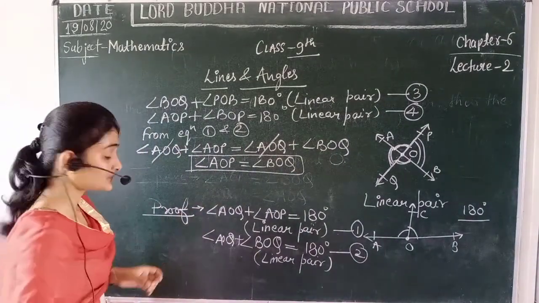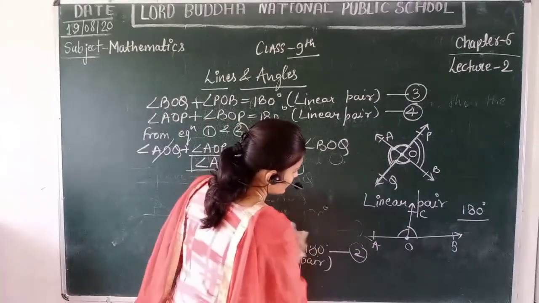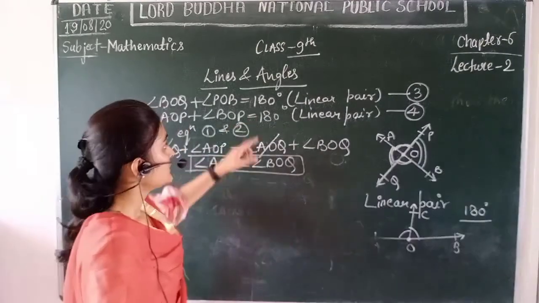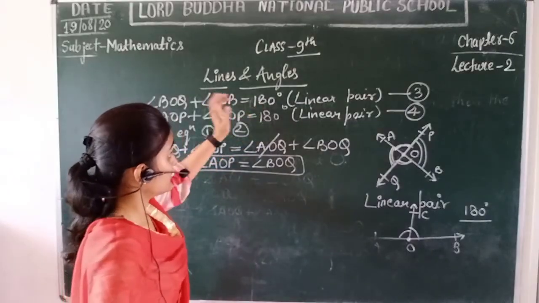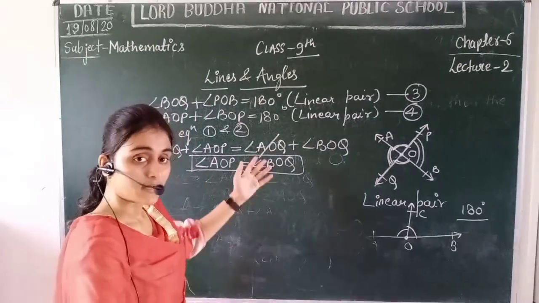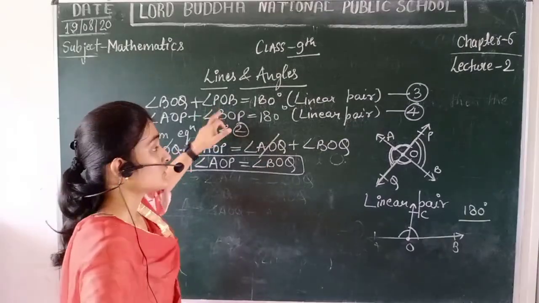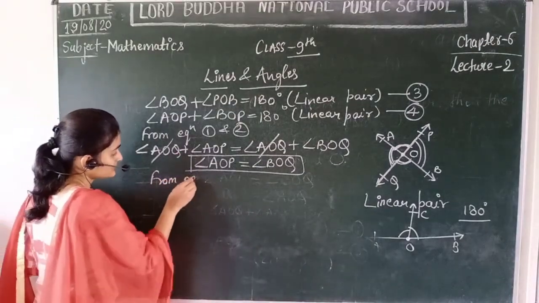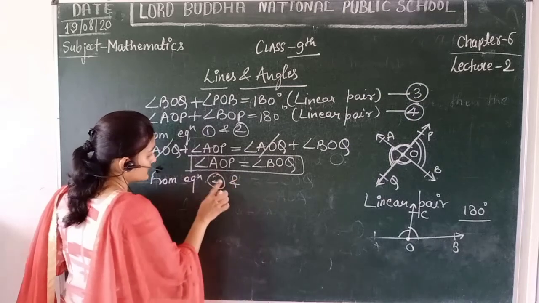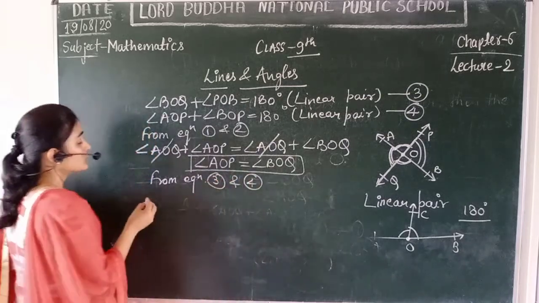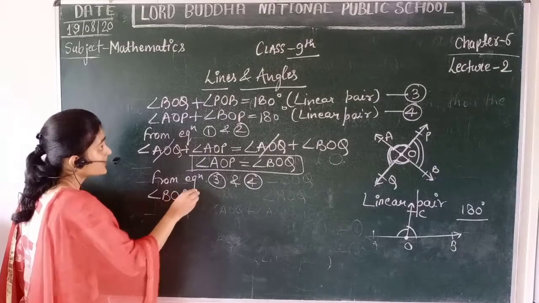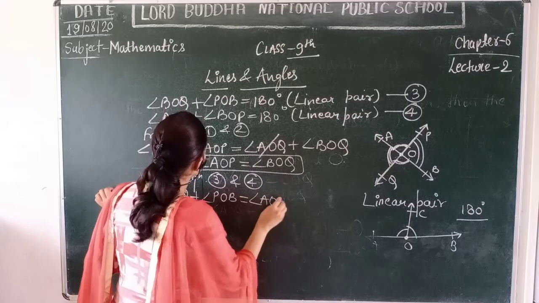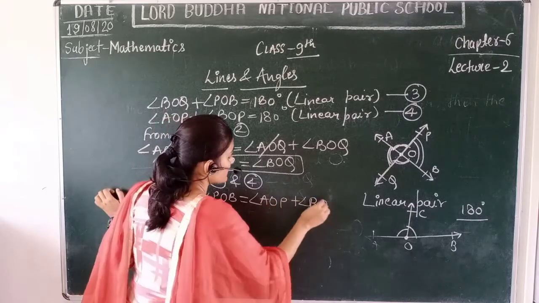Now the second one. Let's compare equation number 3 and equation number 4. Again you can see the right hand side of both equations is what? 180 degrees. So the left hand side of both equations will also be equal. So from equations 3 and 4, we get BOQ plus angle POB is equal to angle AOP plus angle BOP.